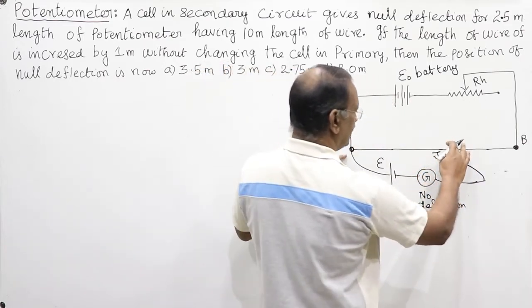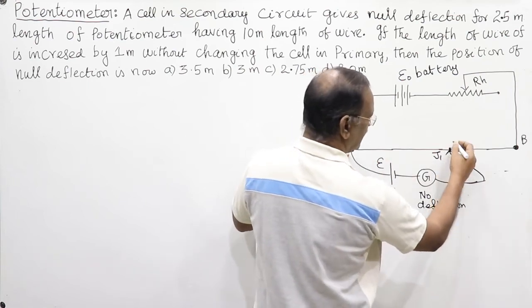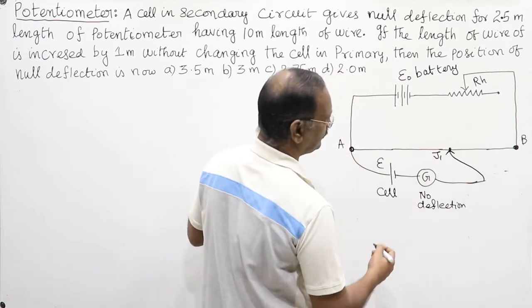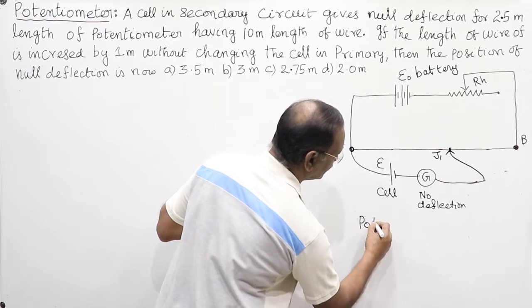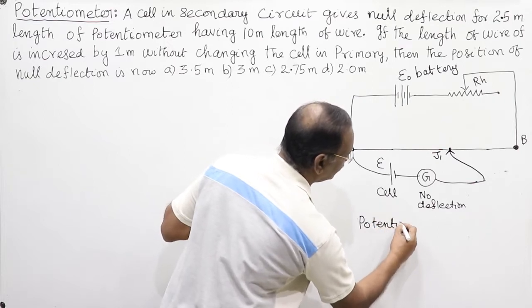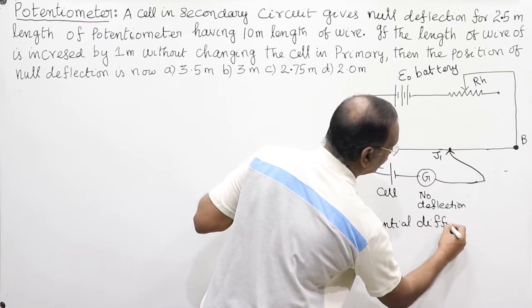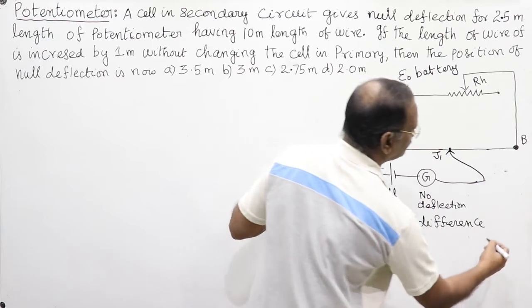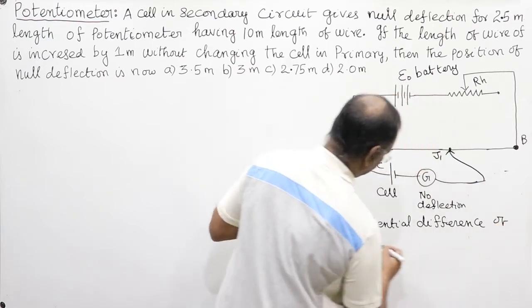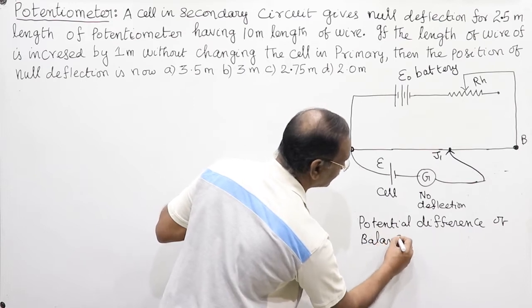And at this moment, when the jack is at the balancing point, we have to note one thing: the potential difference of the balancing length.